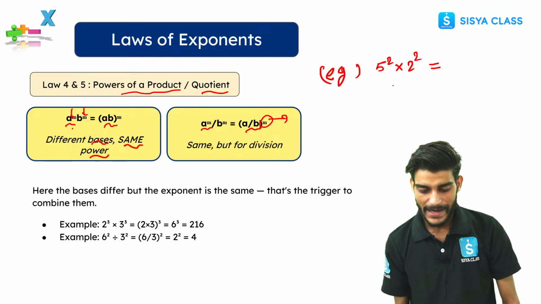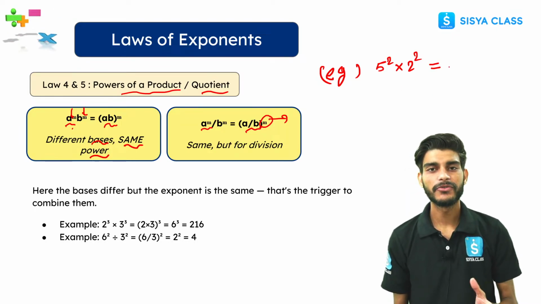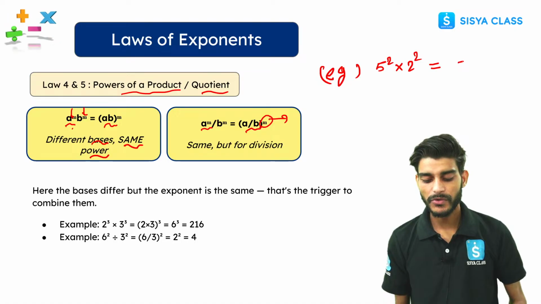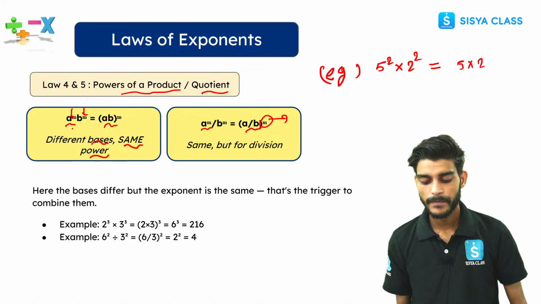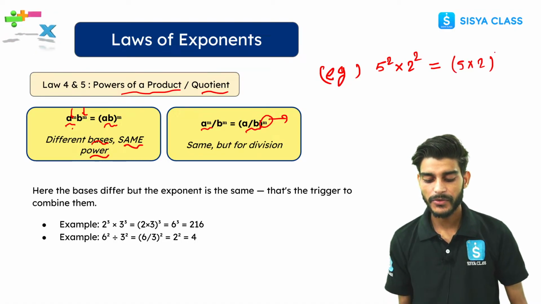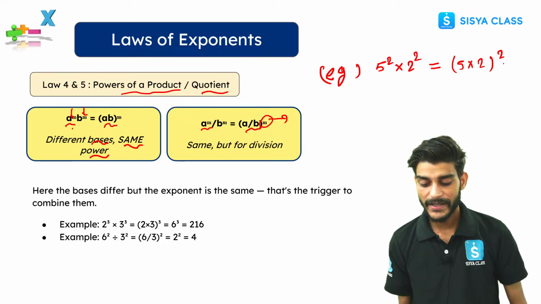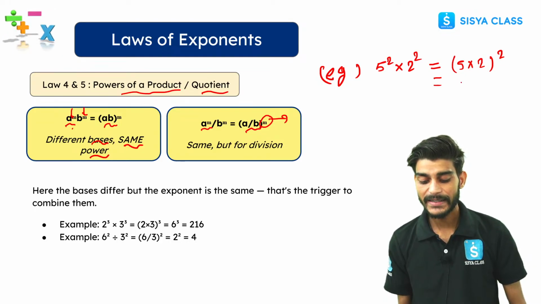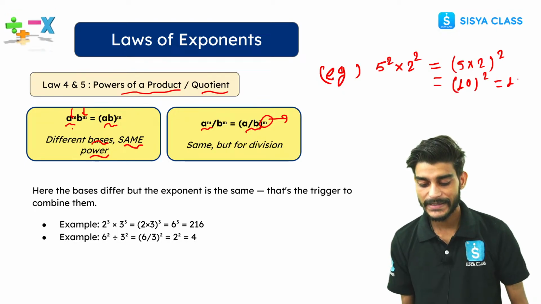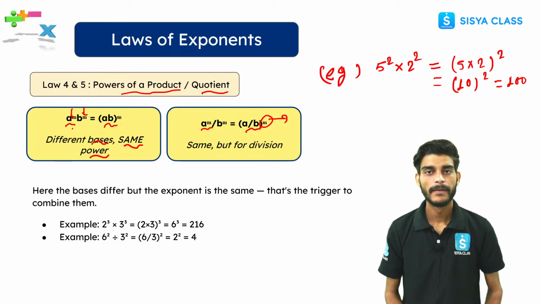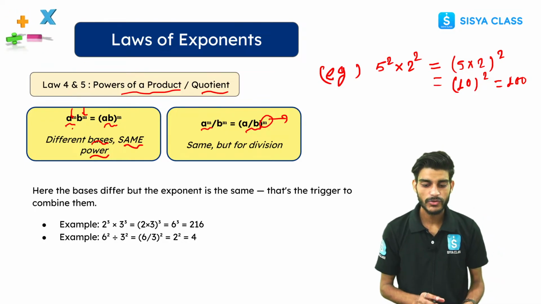So 5 into 2, to the power 2. 5 into 2 is 10. 10 raised to the power 2 is 100, right? 100.